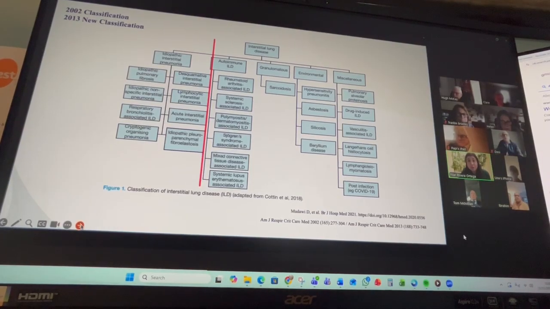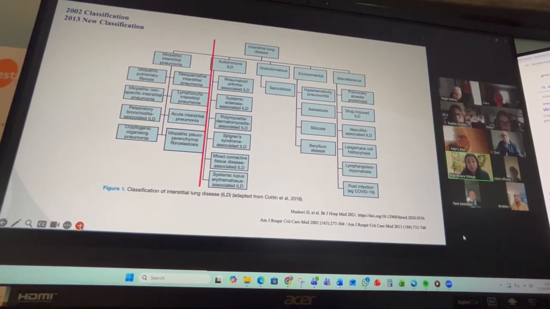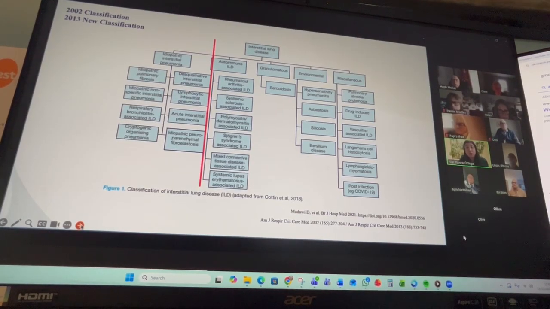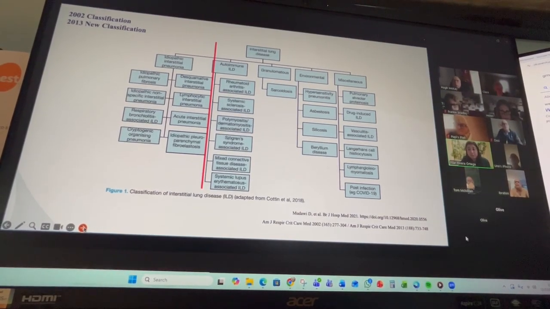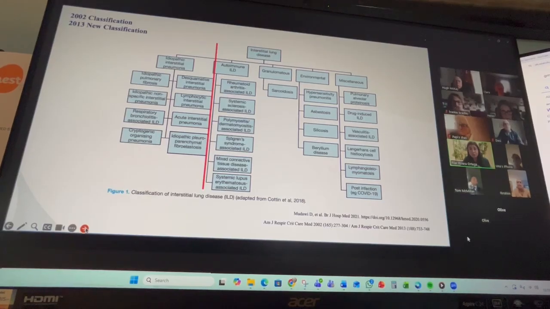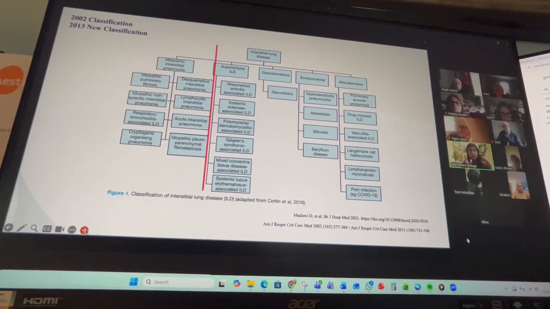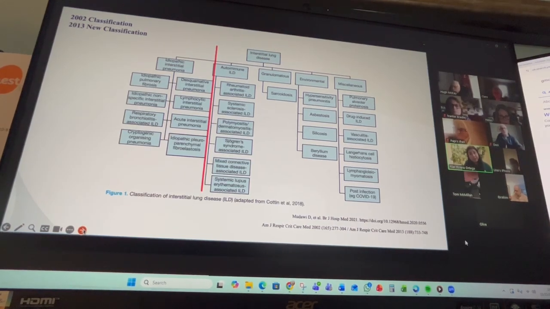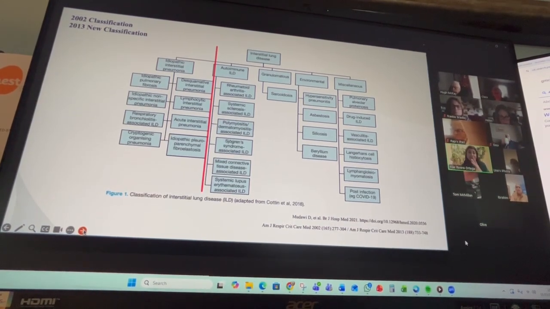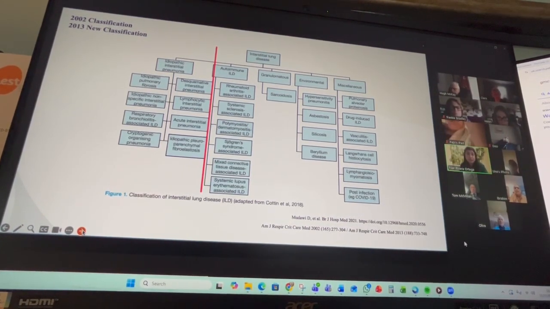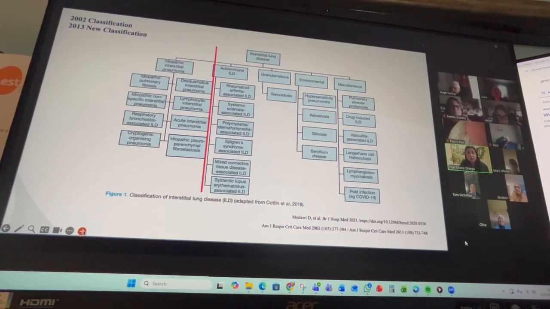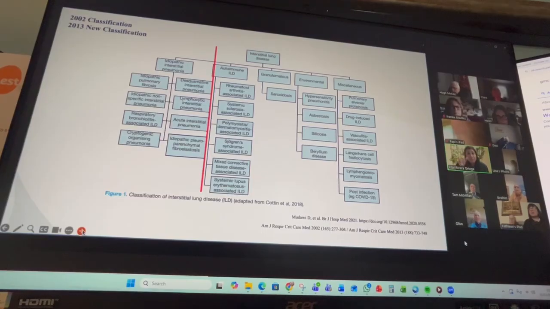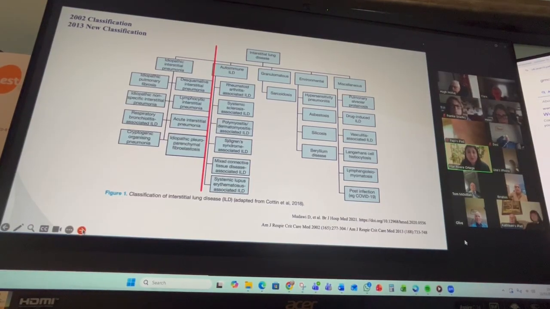So when we talk about interstitial lung disease, it's not one disease, it's a big umbrella of 200 diseases. Within this group, we can split between predominantly inflammatory and predominantly fibrotic interstitial lung diseases, which we sometimes abbreviate as pulmonary fibrosis.